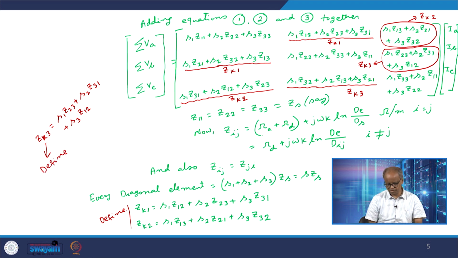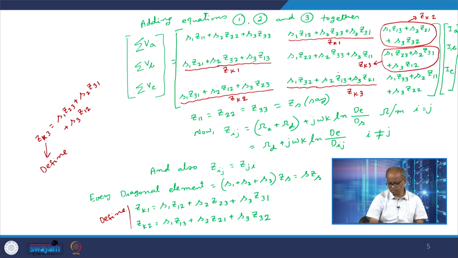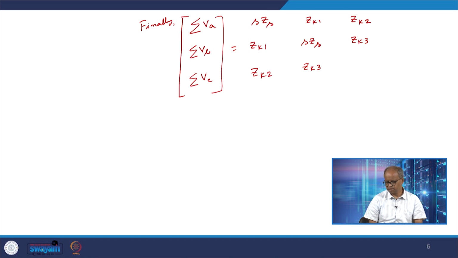This is Zk3, and then this is Zk2, and this also would be Zk3. This is multiplied by the column of currents IA, IB, IC.